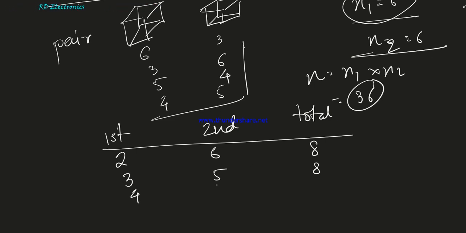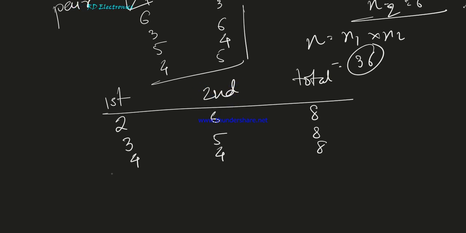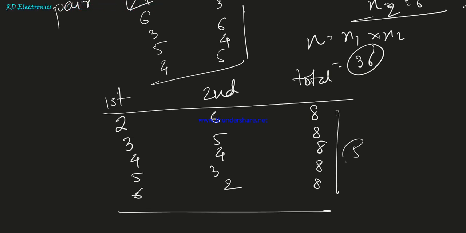Then 4 and 4, the sum is also 8. Then 5 and 3, also 8, and lastly 6 and 2, also 8. There are no other combinations possible, so basically 5 combinations show a sum equal to 8 when a pair of 6-faced dice is thrown.